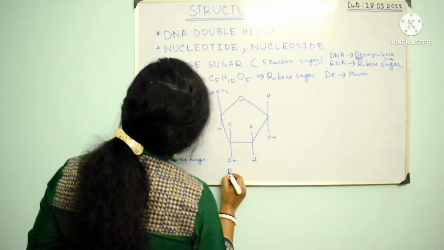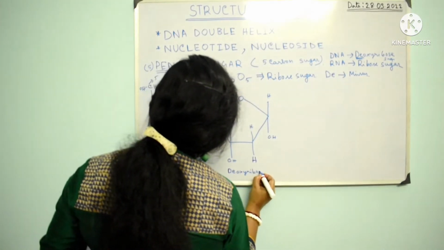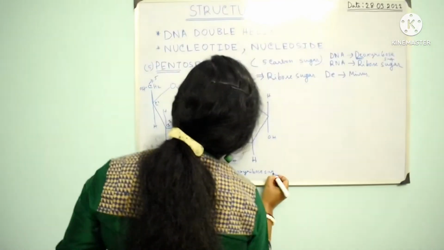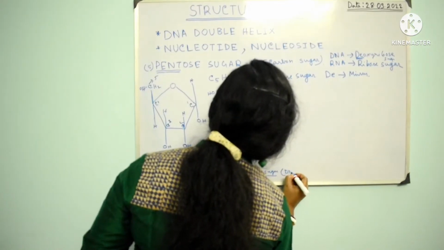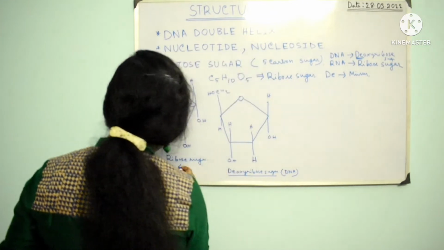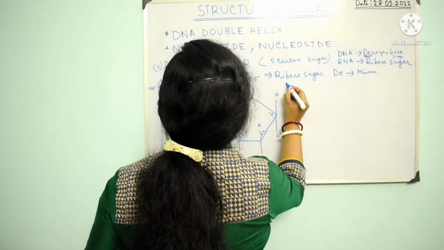So this one is deoxyribose sugar, which will be present in DNA, and ribose sugar will be present in RNA.